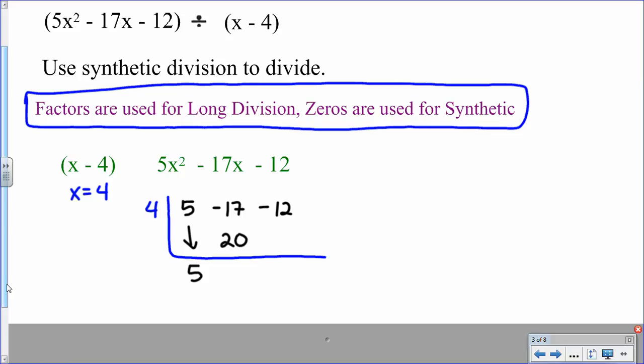Think about how it's the opposite. Long division, you use the factor. Synthetic division, you do the opposite and use the 0. So instead of subtracting, you're adding. Okay, so that's positive 3. 3 times 4 is 12, and negative 12 plus 12 is 0. Okay. So this last number is always your remainder.